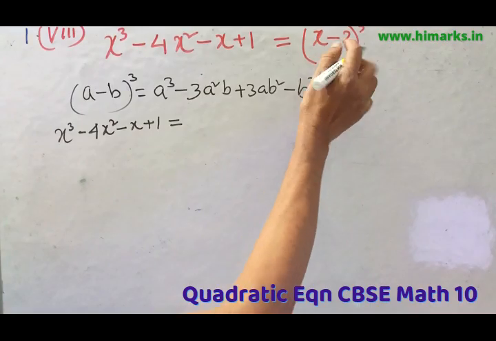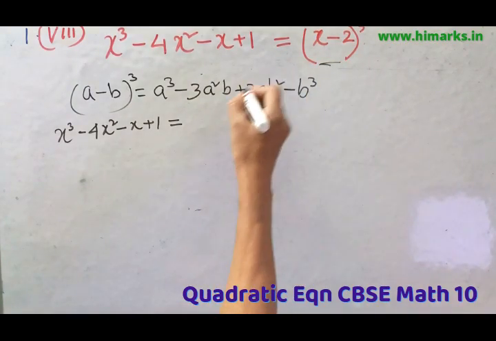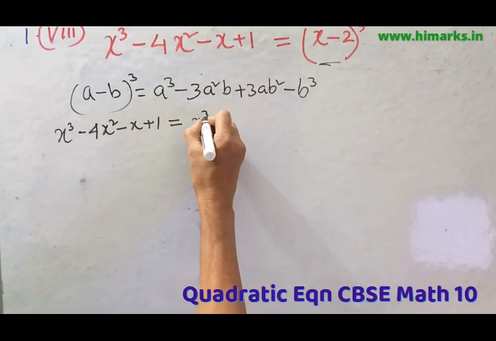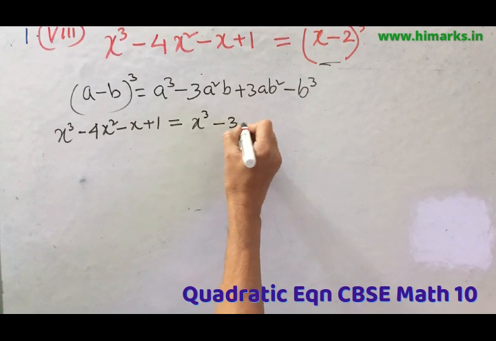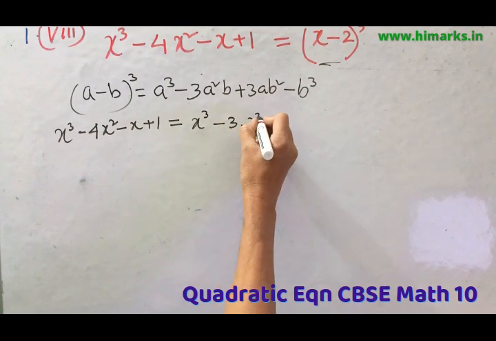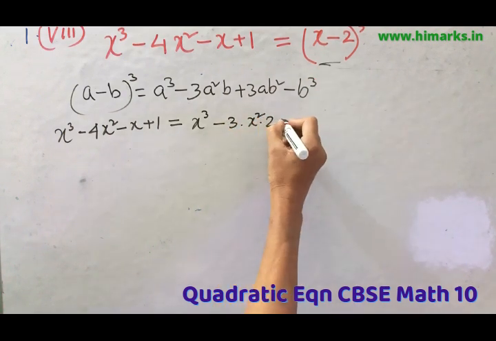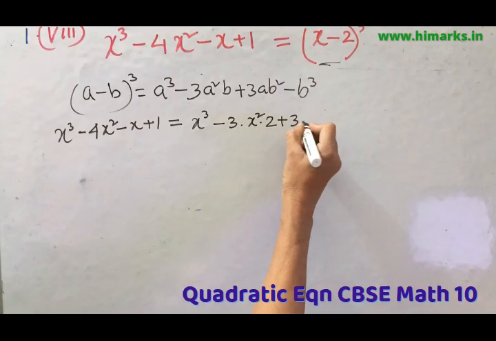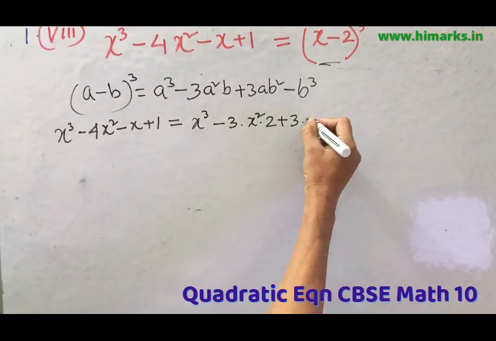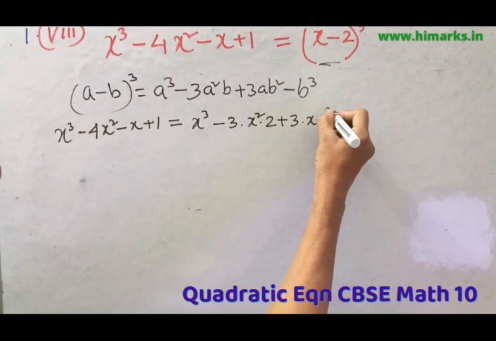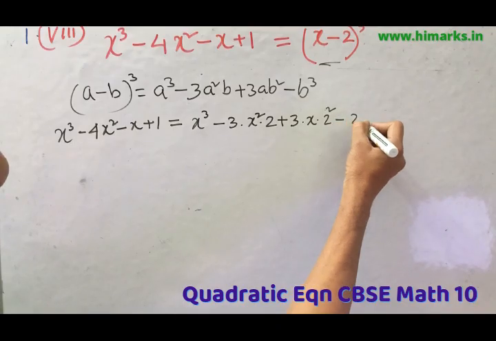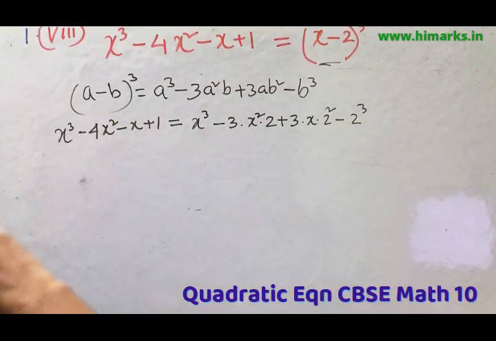Right hand side, this part I'm breaking now as per this formula: x cube minus 3x square into 2 plus 3, first term is x, second term is 2 square minus second term cube.